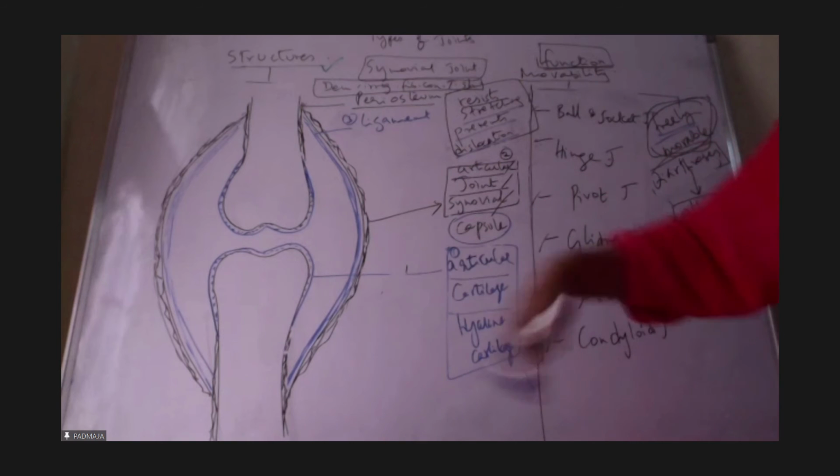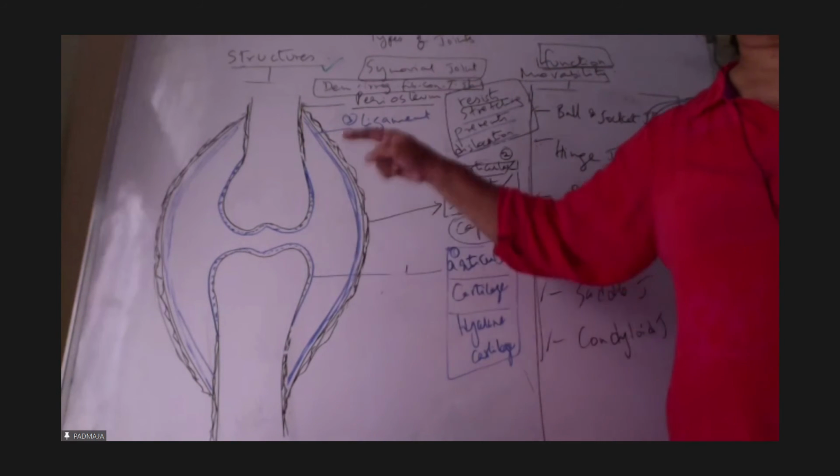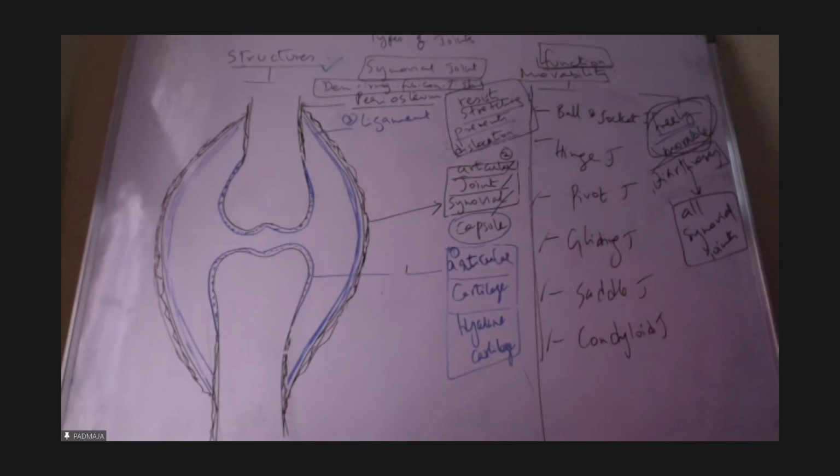Internally, inside the capsule, some of the fibers arrangement becomes regular to form what? Ligaments. Ligament. Written. So internally inside the capsule, some collagen fibers arrangement is regular to form ligaments.